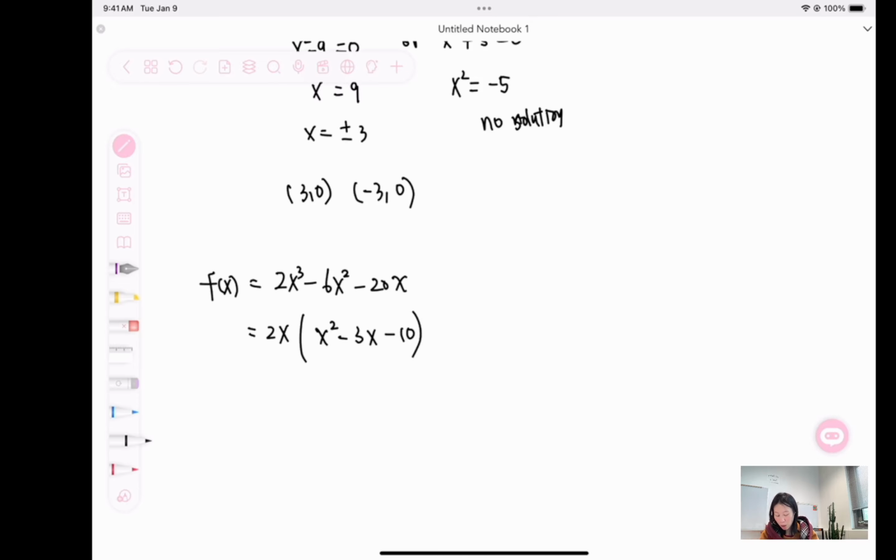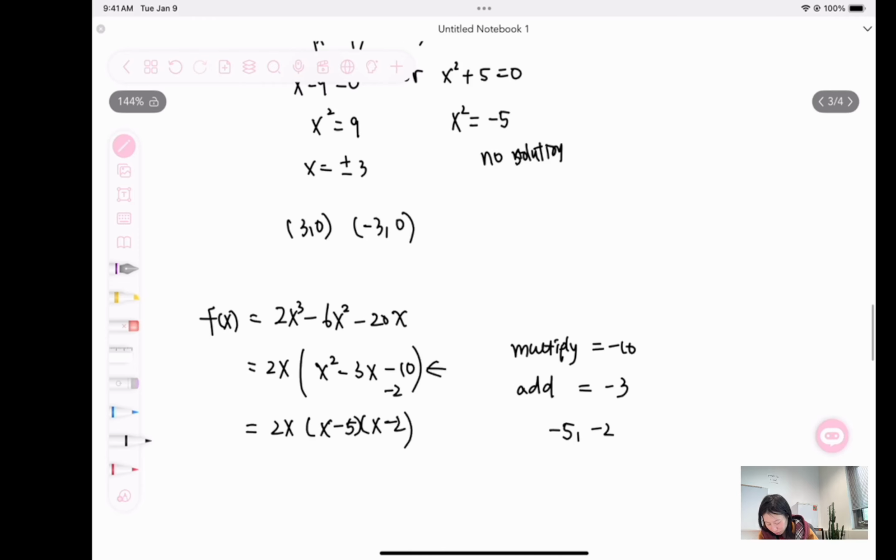And then the second part is to factor. Factoring means I want two numbers that multiply to A times C, which is negative 10, and add to B, which is negative 3. Those two numbers would be negative 5 and positive 2. So you can regroup them. I'm going to skip that and just give you the answer: x minus 5 times x plus 2.